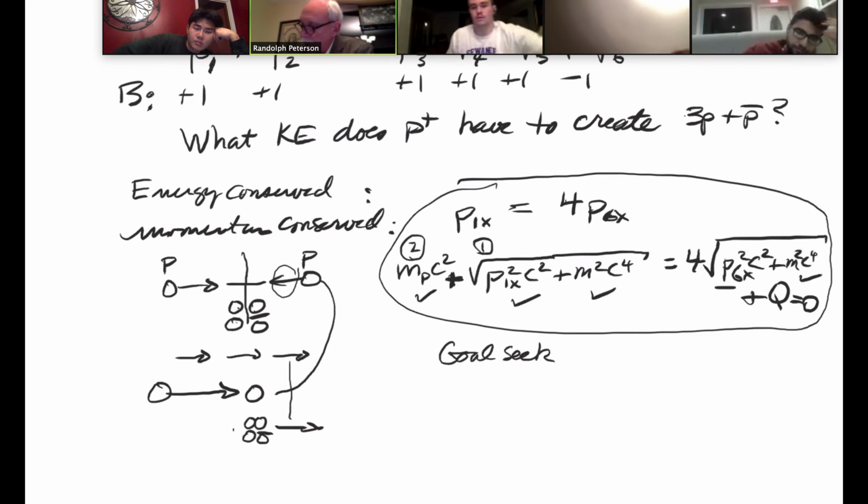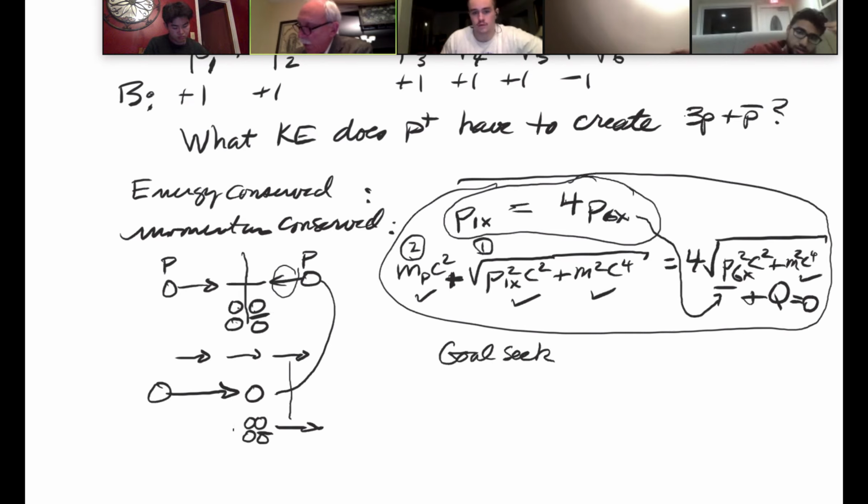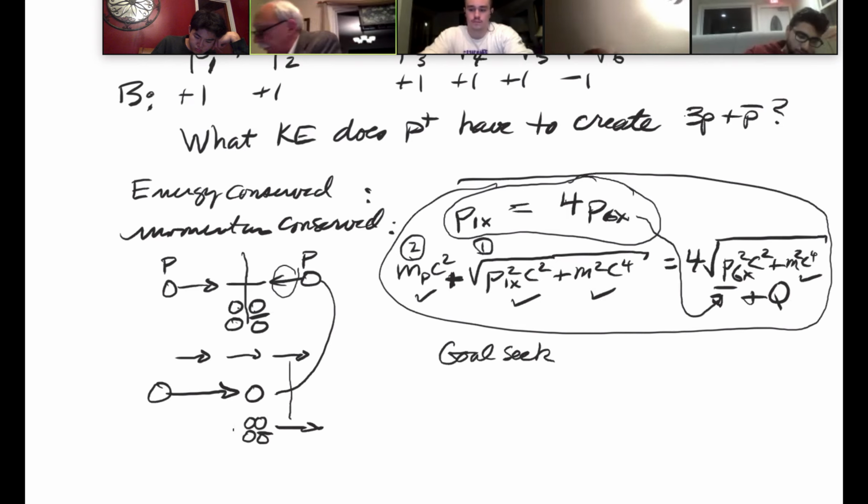This is a little easier. You can solve for p of x and put it in there. And that'll let you solve for Q, and that's the total kinetic energy of these particles, because we put all the kinetic energy on the other side. Look at this.